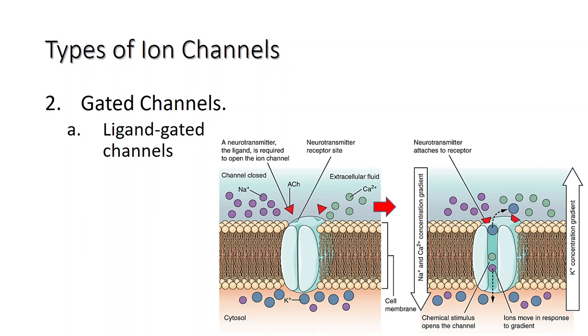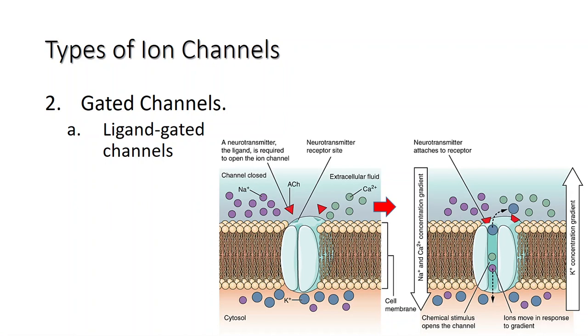A ligand gated channel opens and closes in response to the binding of a ligand or chemical stimulus. A wide variety of chemical ligands, including neurotransmitters, hormones, and particular ions, can open or close ligand gated channels.